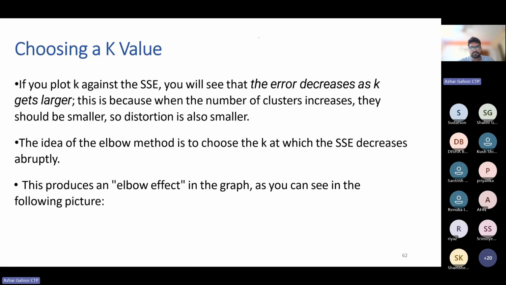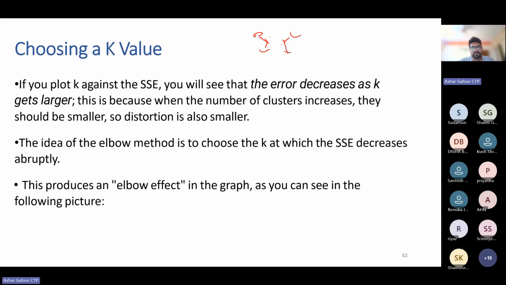Let's say we have 4 points, 1, 2, 3, 4. If you have only 2 centroids, then there is still distance between this point and this point, and we have distance between this point and this point.